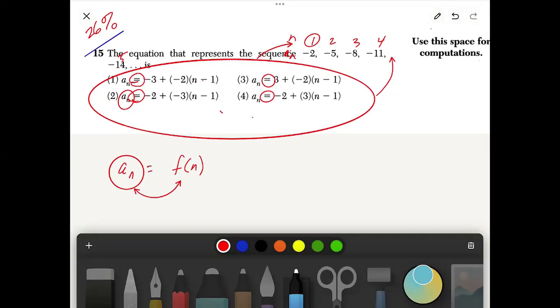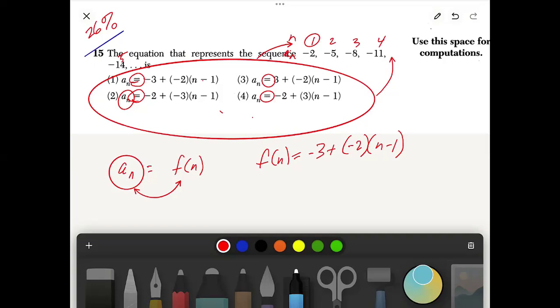And now, if you look, these are basically just functions that we can just put into the calculator, graph it, and then look at the table or use menu 51. So here's what I would say.